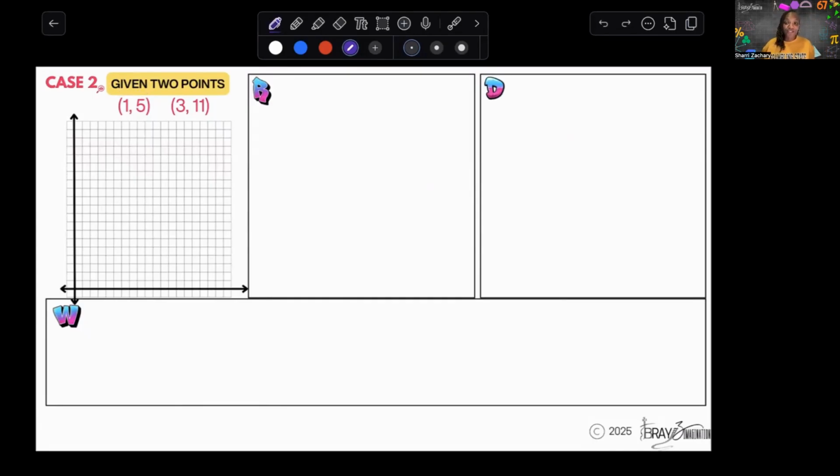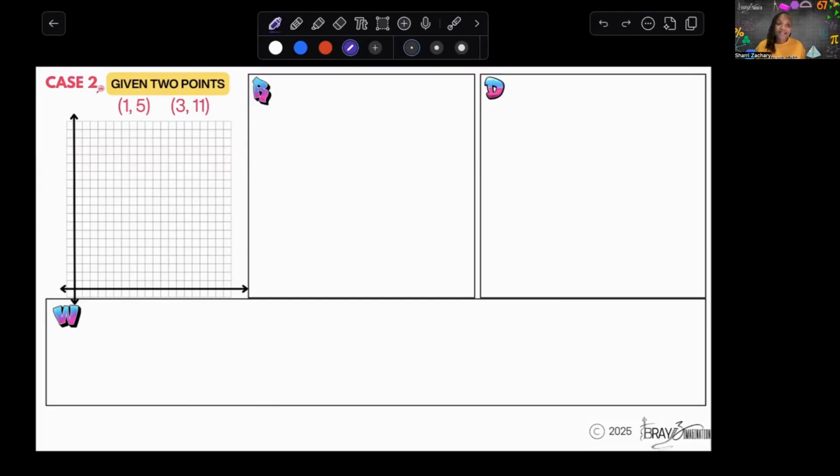For case 2, we are given 2 points. So what do we do when we are given 2 points? Well, the first thing I need to do is I see that I have 2 sets of x and y coordinates.